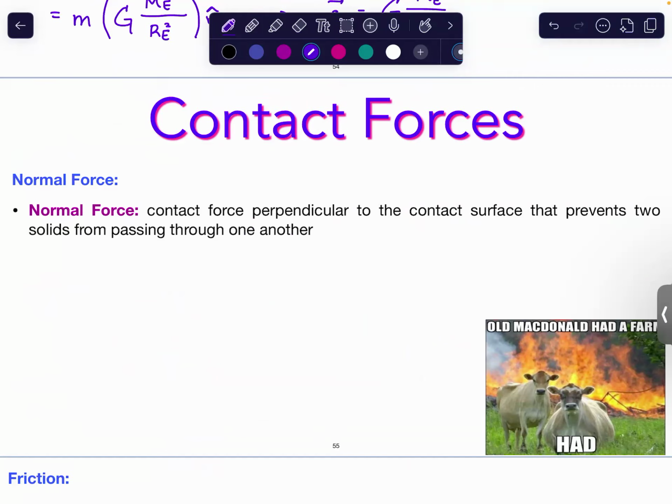Normal force, again, if you set something on a table and it doesn't fall through, the gravitational force on the mass produces a force pair, and it produces a normal force that presses back on the object. So the table pressing back on the object is your normal force. So let's use that idea. Let's look at normal force.